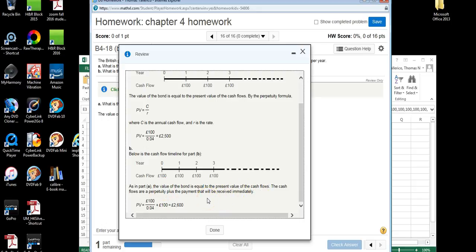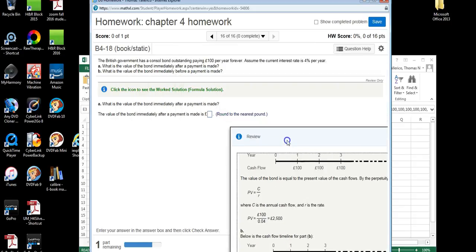The cash flows are a perpetuity plus the payment that will be received immediately, right? So basically, the present value is $100 divided by 0.04, and remember, it's worth $2,500 forever.